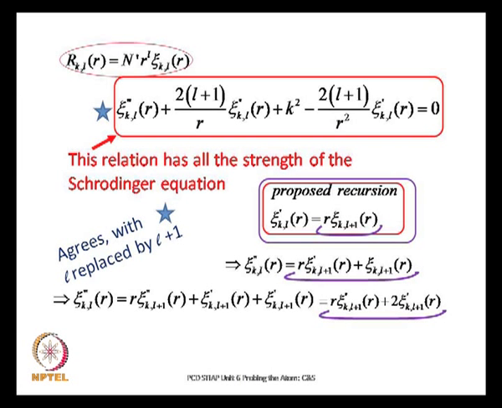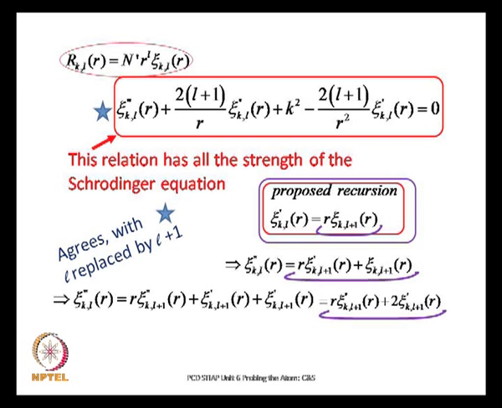Now it turns out that if you replace this triple derivative, this double derivative and this derivative with these three terms, along with these factors you recover the same differential equation, but with L replaced by L plus 1, which is fine, which means that your recursion relation is quite appropriate.